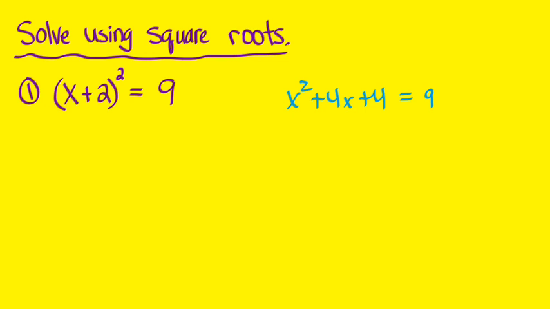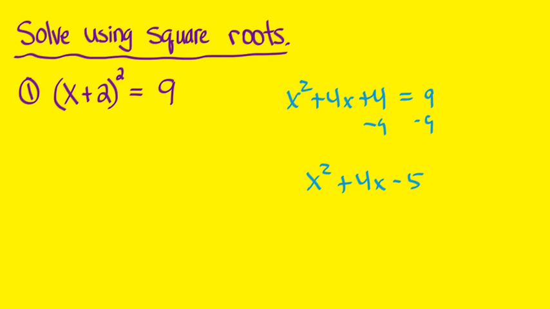Now, if I were to solve by factoring, I would have to factor this. The other way to do it is to subtract the 9 from both sides, and now you're trying to factor this, right? But let's just see the shortcut here.